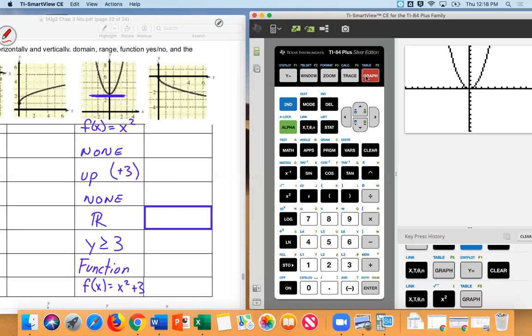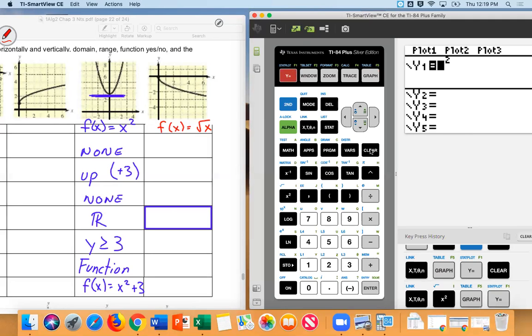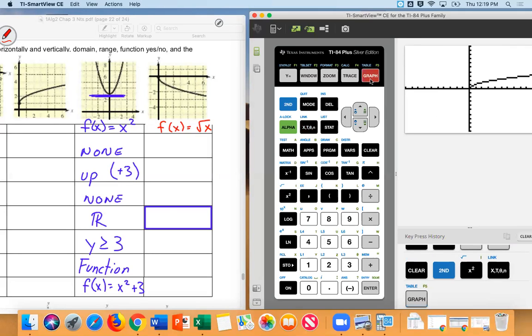All right, this guy. The last one on the top row. F of x equals, this is the square root function again. So let me put that back in. Now, with this one, I'm going to try and move a little bit quicker to get through some of this stuff.